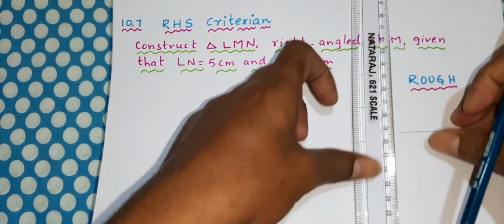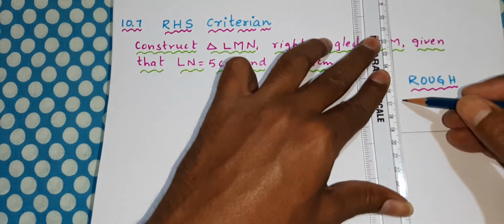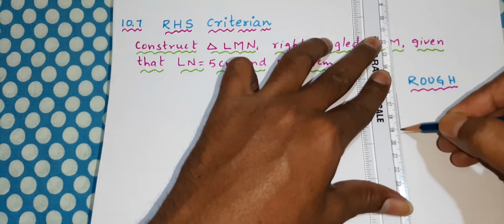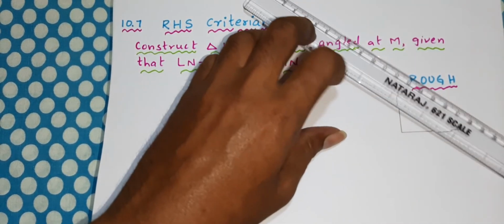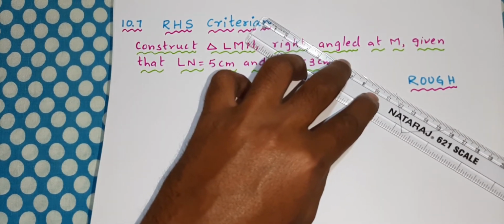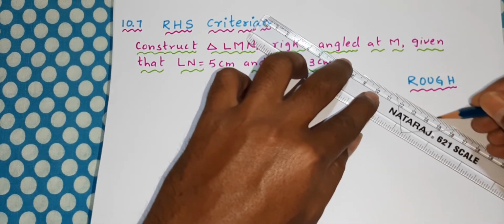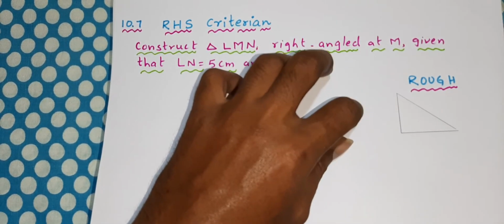Now this is MN. This is LM, then join this. Right angle at M, the vertex at M, it will become 90 degrees.